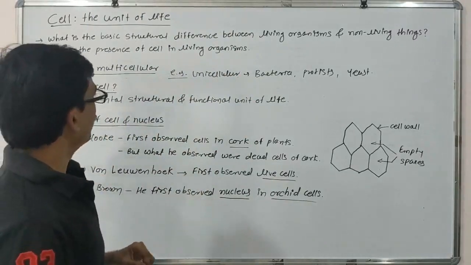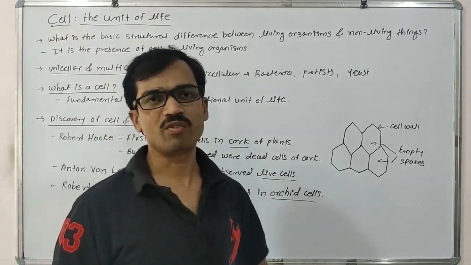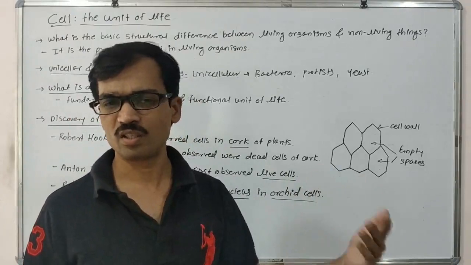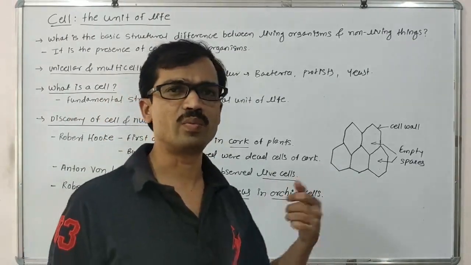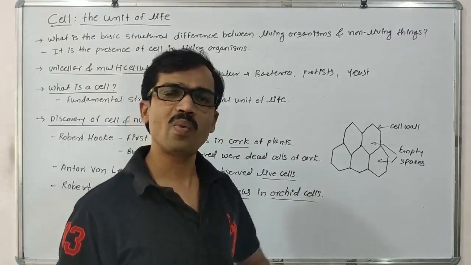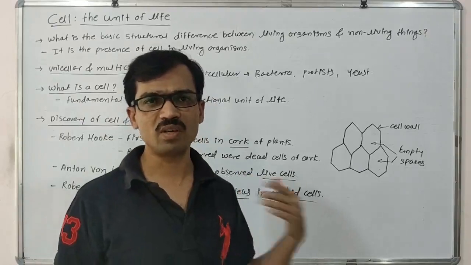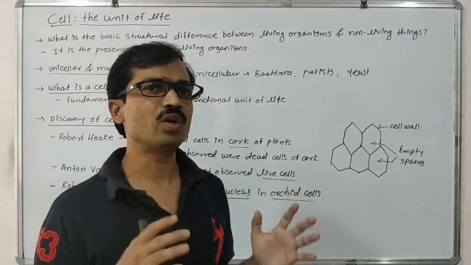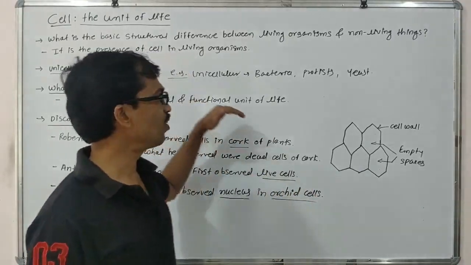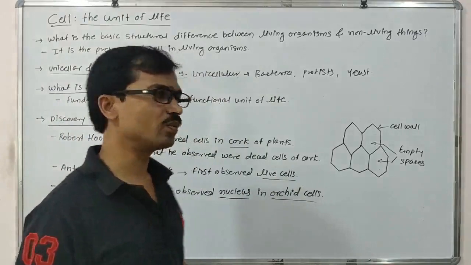Now, in case of multicellular organisms, there are again lots of examples. For example, the higher plants like pteridophytes, gymnosperms, angiosperms, and the animals like humans and other mammals are all made up of multiple cells. We humans are made up of trillions of cells, and because we are made up of billions or trillions of cells, such organisms are referred to as multicellular organisms.